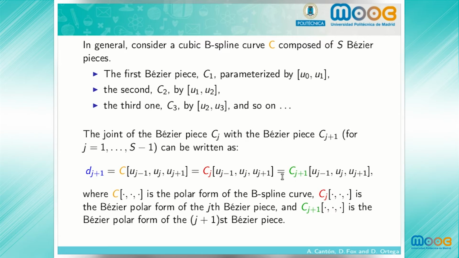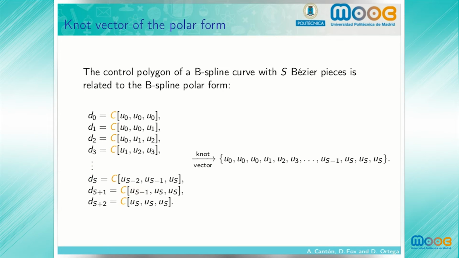So because of this C2 condition, this compatibility condition, we can write it as the polar form unified for the B-spline curve. And this is equal to the control vertex of the B-spline control polygon Dj+1. So as we did before, from the control polygon of the B-spline curve expressed in terms of the polar form, we can extract the knot vector.